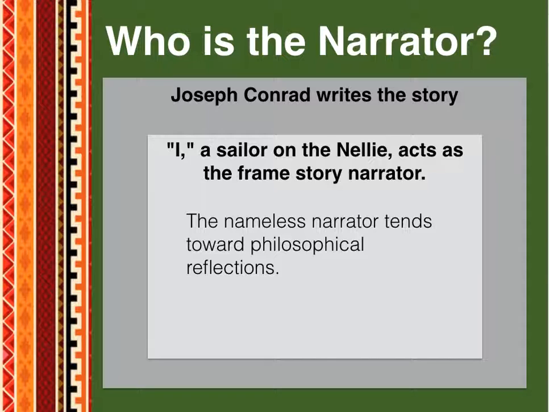Finally, let's take a look at this nameless narrator, because we can kind of understand how Marlowe is related to Conrad. Look at the eye here. The eye is the nameless narrator, and we see that he tends to focus on more philosophical things, the ideas. He's the one that records Marlowe's thoughts about Britain being like Africa and Rome being like Europe.